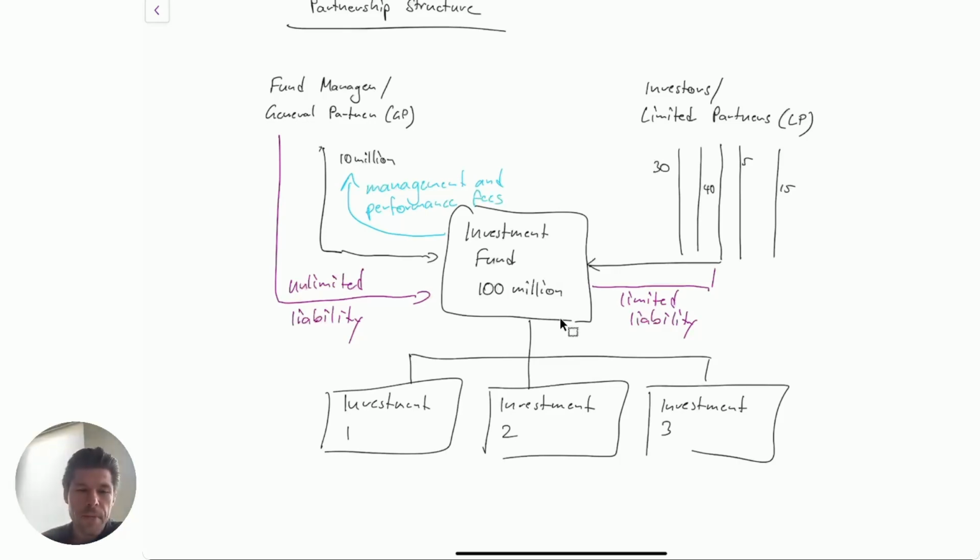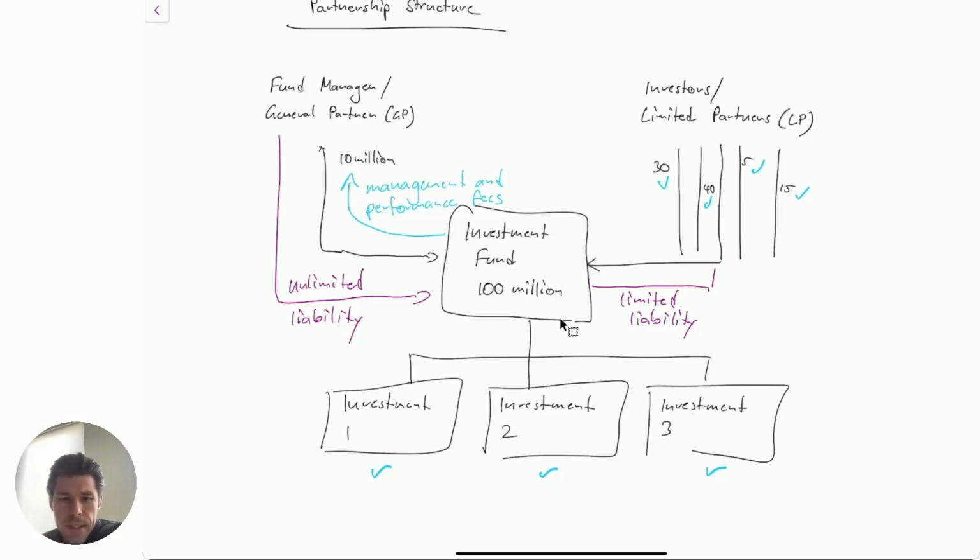Performance fees are usually applicable when the fund achieves a return above a certain hurdle rate. Management fee, depending on whether it's a hedge fund or private equity investment, is either based on the committed capital, what was put in here, or the management fee is based on the assets under management. So it depends a bit on what type of investment fund you're looking at.